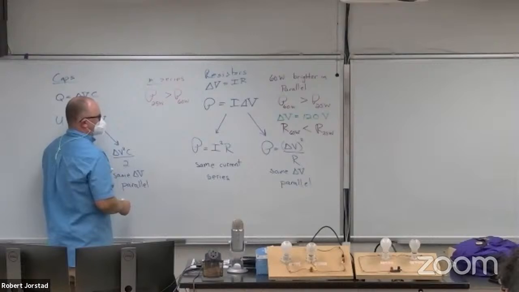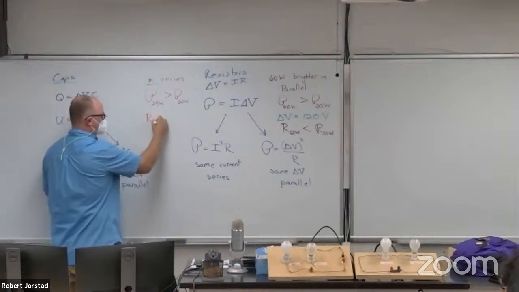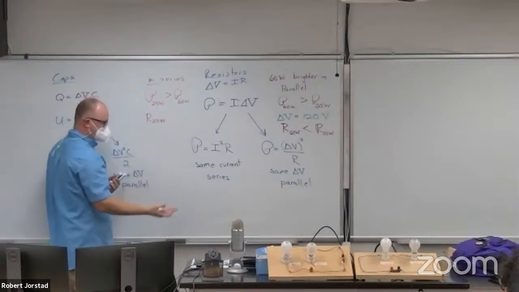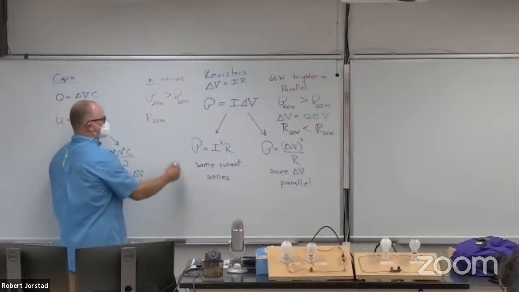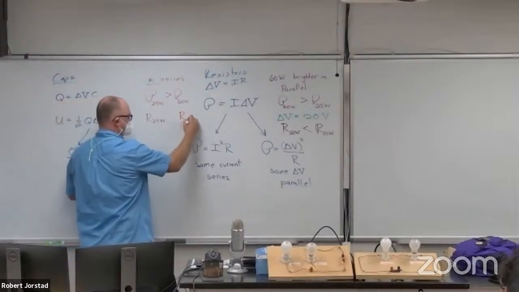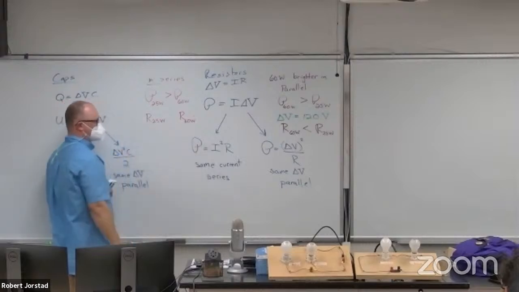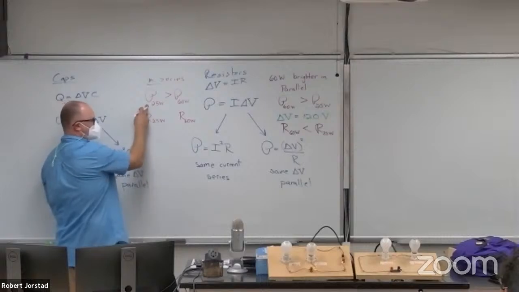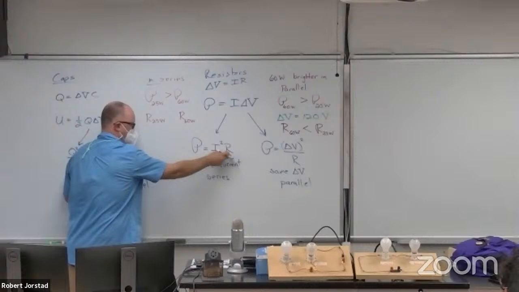Well, in this case, what does that tell us about the resistance of the 25 watt? Let's use this. In series, these things have the same current. What does that tell us about the resistance of the 25 watt? Bigger than or less than R60? More power, same current. For this number to be bigger, that has to be bigger.